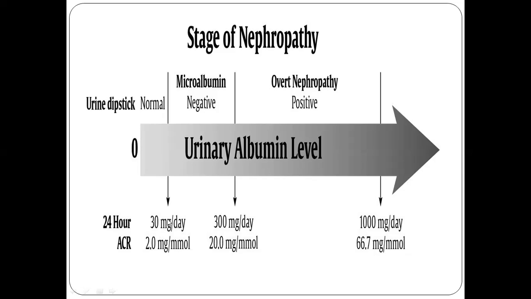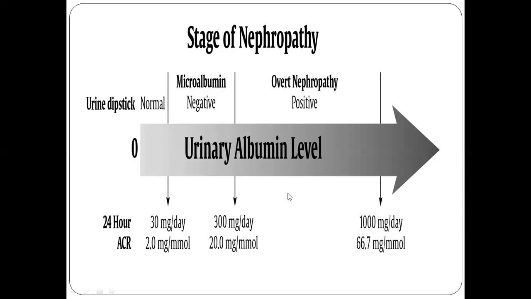If the value is 30 to 300 mg per day, that is microalbumin. You will get negative on dipstick. When you dip the stick into the urine, if the value is up to 300 mg, you will get negative. So that is microalbumin, hidden albumin.